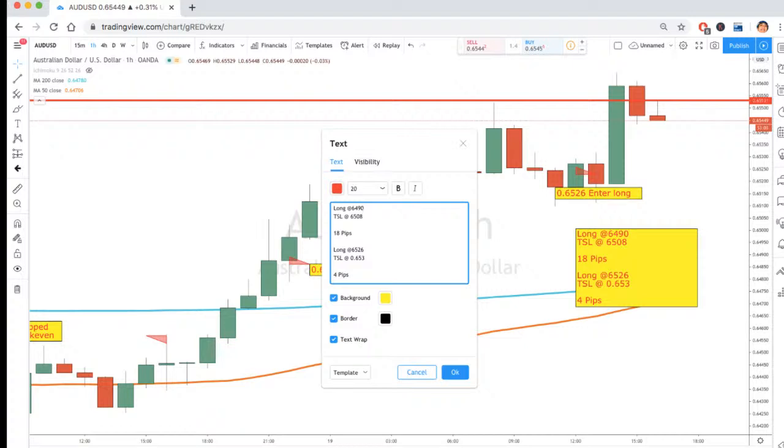6490. What's the price now? 6545. Let's see on the 15-minute, where should we move it?